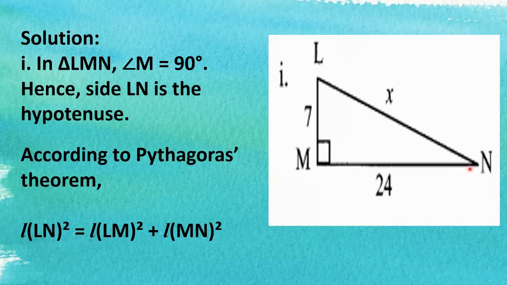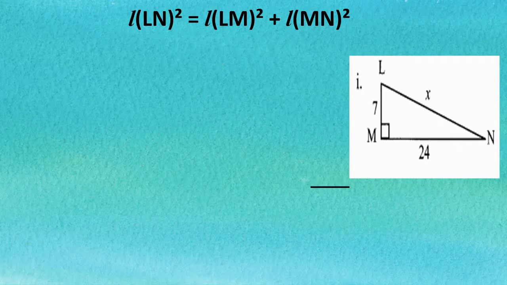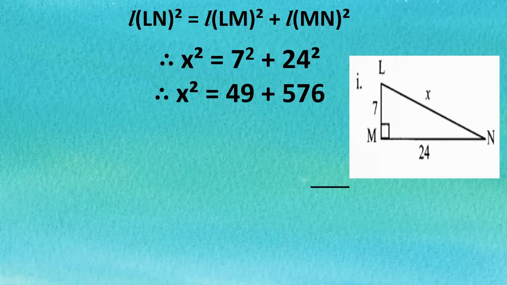According to the Pythagoras theorem, length of LN square is equal to length of LM square plus length of MN square. X square is equal to 7 square plus 24 square.